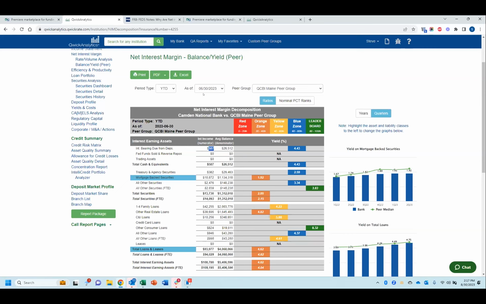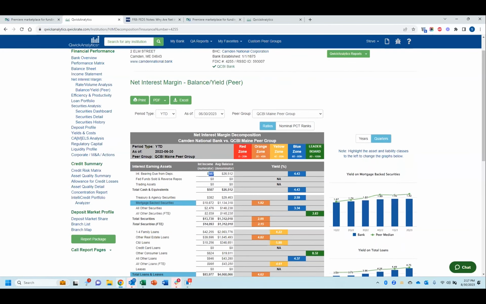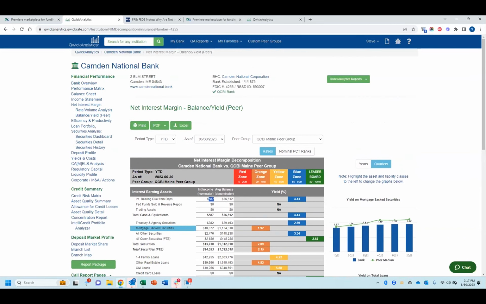So that's a finer distinction, but if you're trying to audit some of this data, it can be helpful. So that's pretty much how you would use this first page when you're looking at your margin at any point in time for the year, the quarter, or the trailing 12 months compared to your peer group.